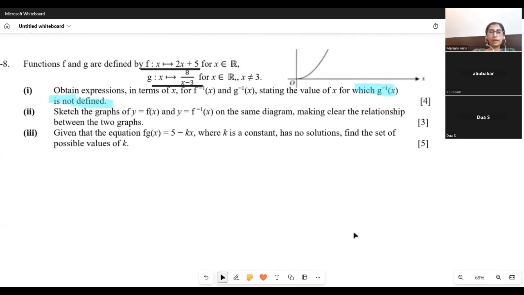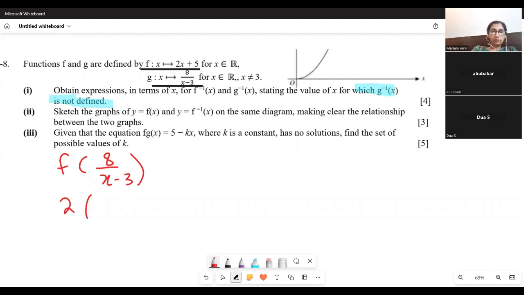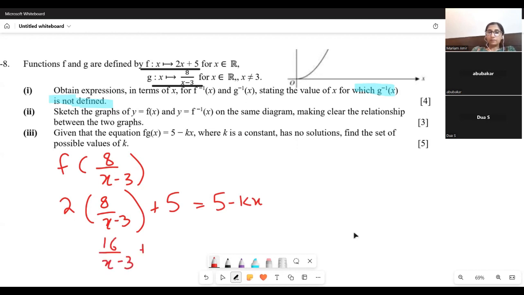Okay. So f(g(x)) means substitute g(x) inside f. It's going to be 2 times 8 over x minus 3, plus 5, equals 5 minus kx. That's going to be 16 over x minus 3, plus 5, equals 5 minus kx.